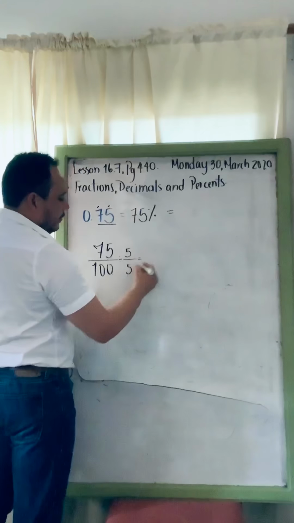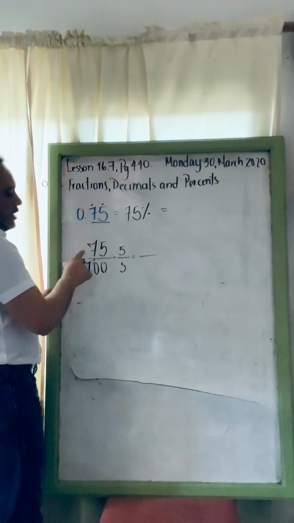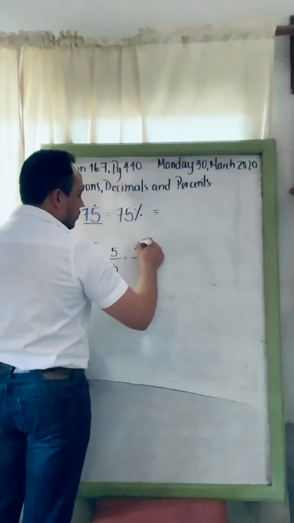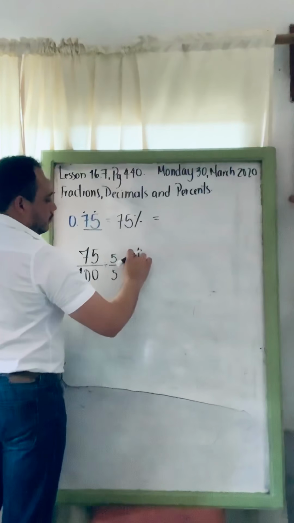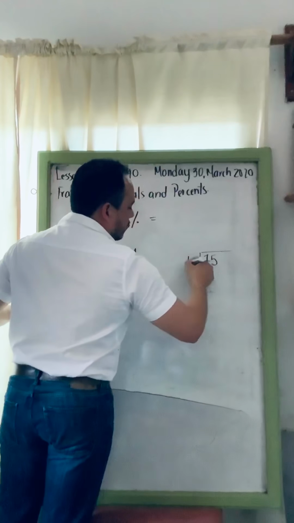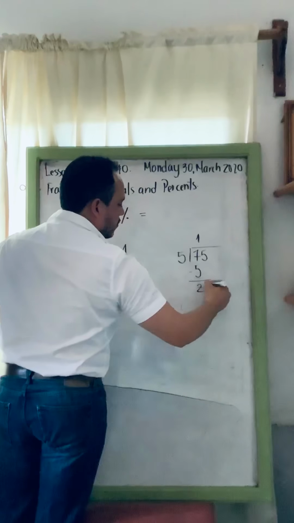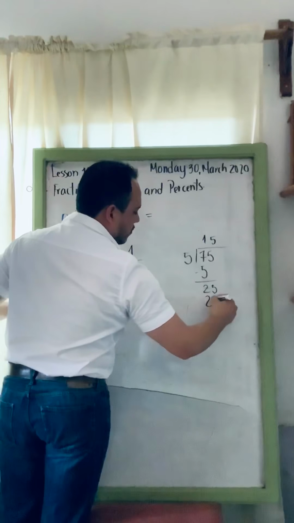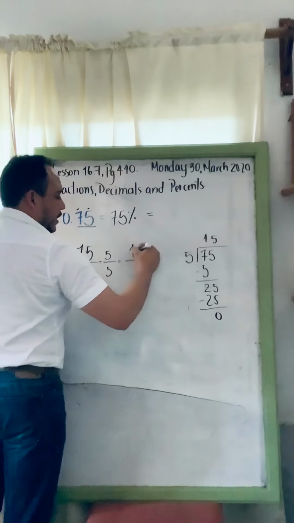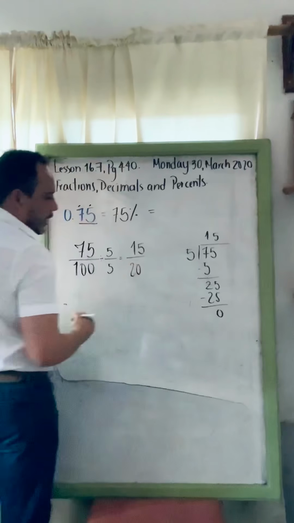You do the division by 5, and what do you have? 75 divided by 5 is 15, and 100 divided by 5 gives us obviously 20.